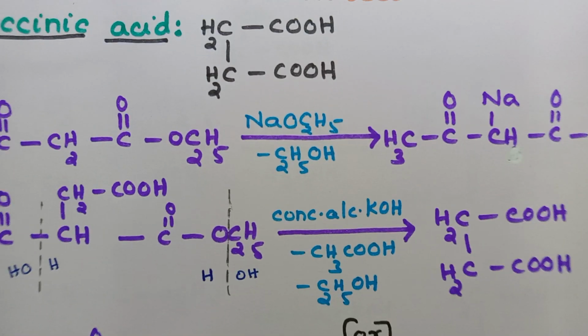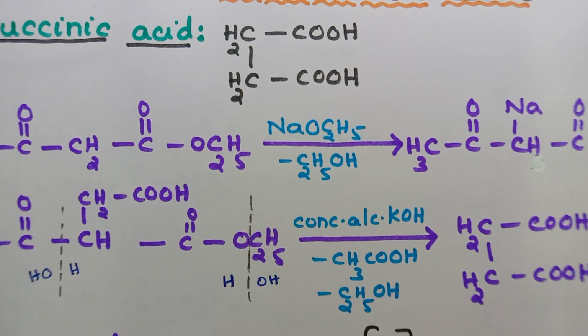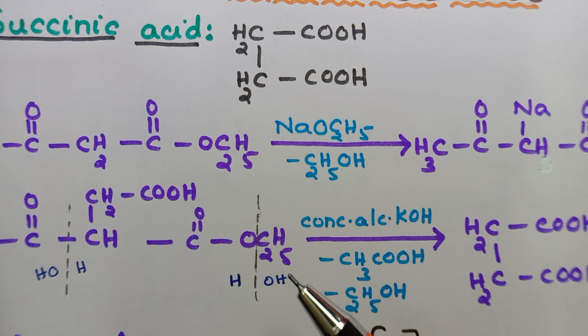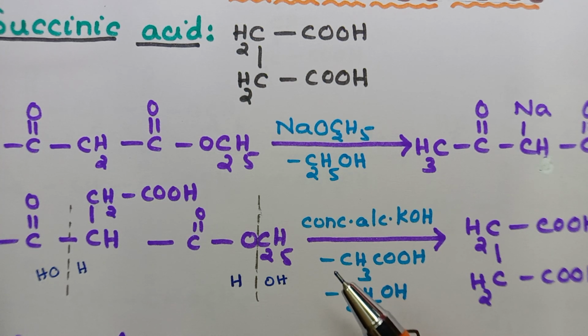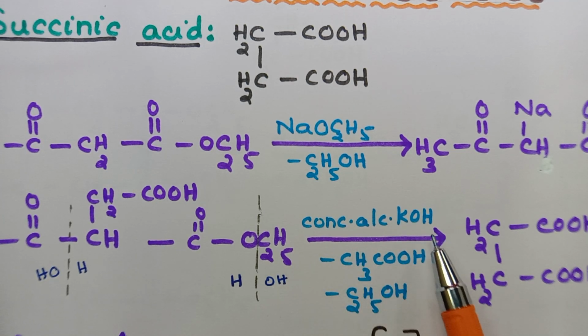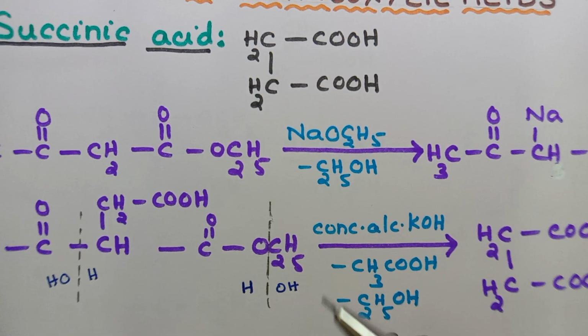Those who have watched the previous video will know that hydrolysis takes place, and the reagent used for this hydrolysis is concentrated alcoholic KOH. When concentrated alcoholic KOH is used and hydrolysis takes place, look at the compound.